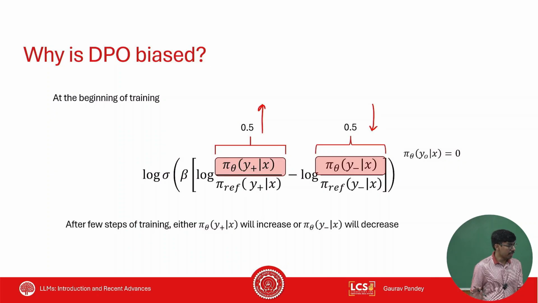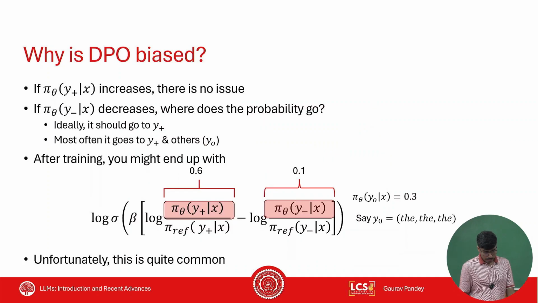Something has to happen in order for this objective to increase. So if the first quantity increases, let's say this ratio of probabilities, then there is no issue, because if this becomes 0.5 to 0.6, and this quantity will also probably decrease to 0.4, then probably the sequence will still have zero probability.